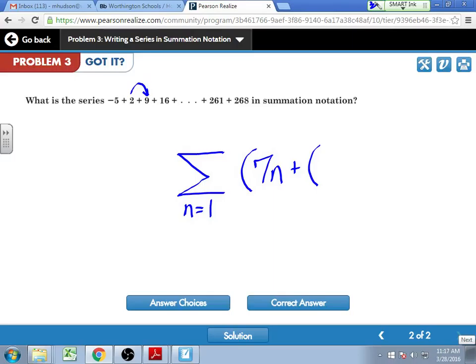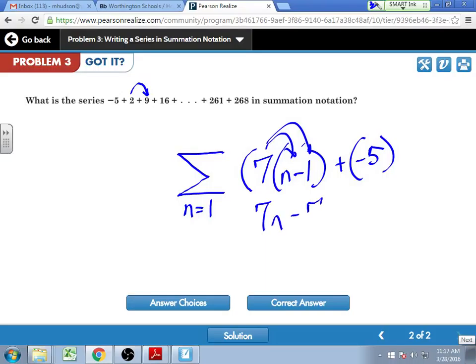Or the only other option is we could do 7 times n-1 plus that, but that gets complicated. So we might as well, because if I do, just to show this really quick, if I did that and then I distributed, then I'd get 7n minus 7 plus -5, and I'd combine these and I'd get my -13, which is the exact same thing.